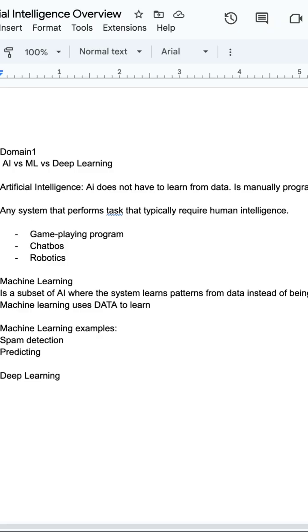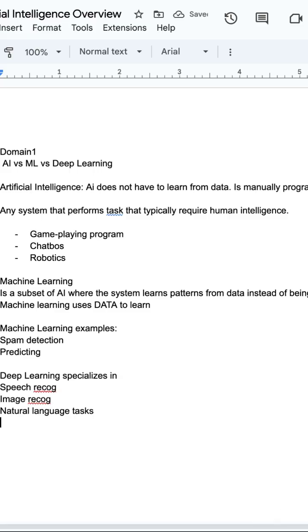It uses multi-layered neural networks, often called deep neural networks. Deep learning specializes in speech recognition, image recognition, and natural language tasks, which we'll dive into in the next part of the domain.